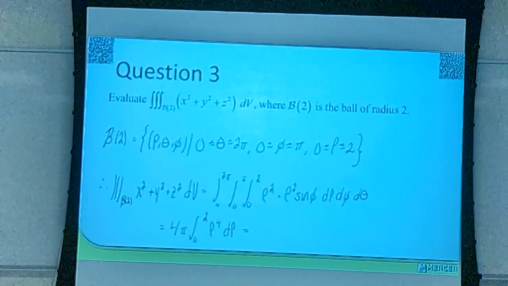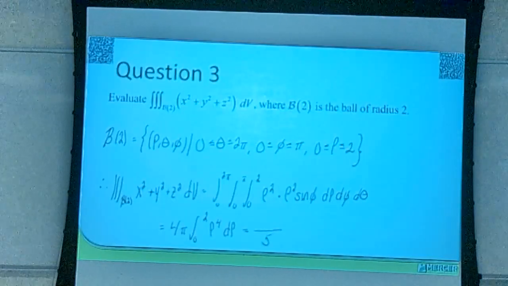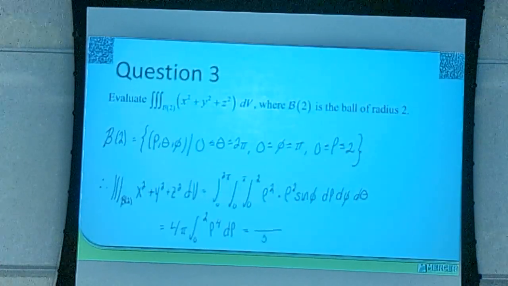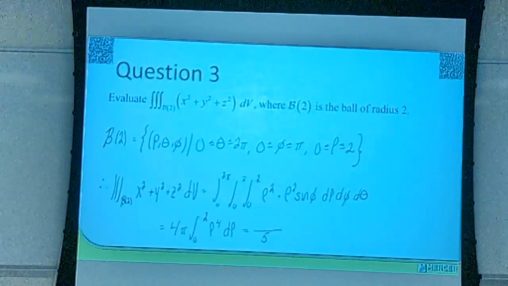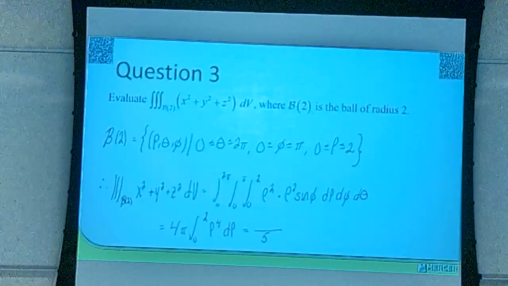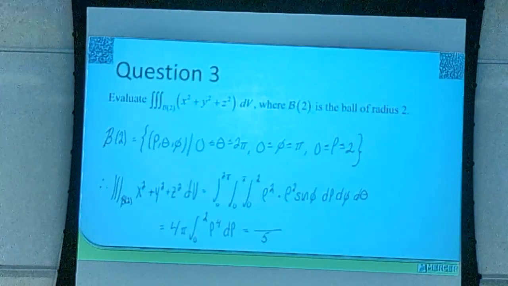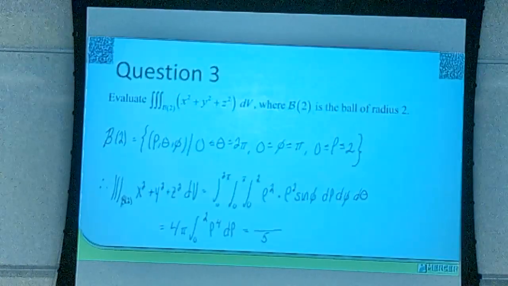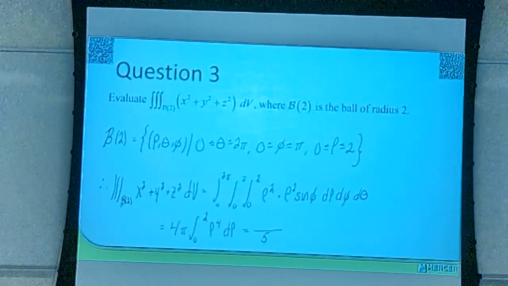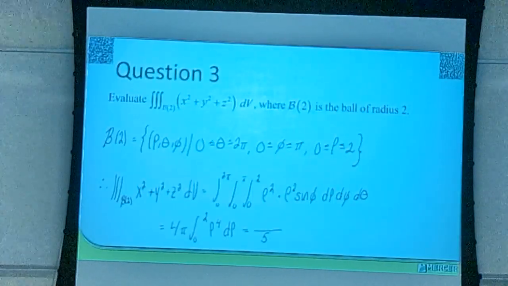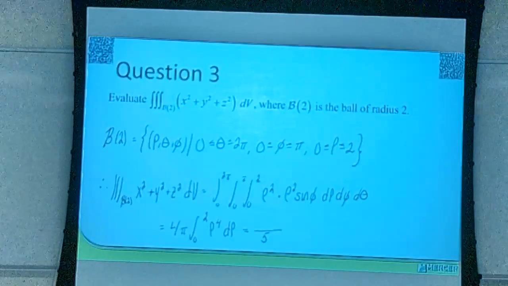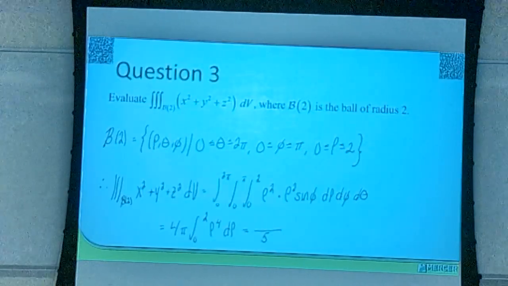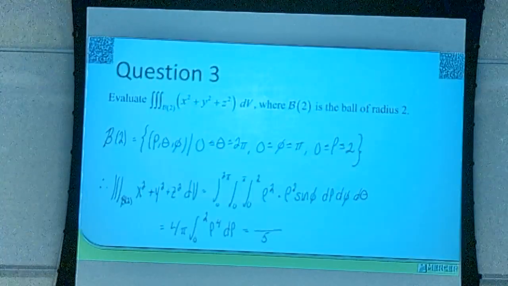All over 5. What's 2 to the 7th power? It's 128.